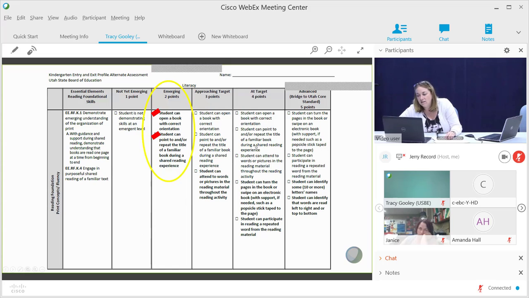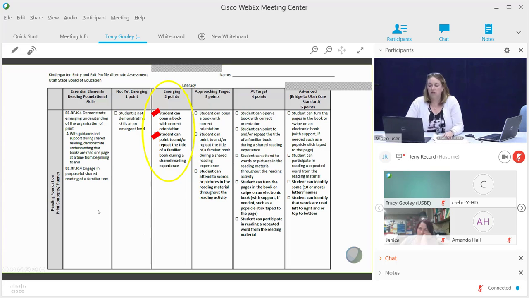When going from target to advanced, you'll notice the skill sets that make up performance levels prior to target are not in advanced. So in advanced, you're going to only find those skill sets that distinguish a student from target and approaching target, plus any new skill sets that would bridge them beyond. So that's how they are set up.